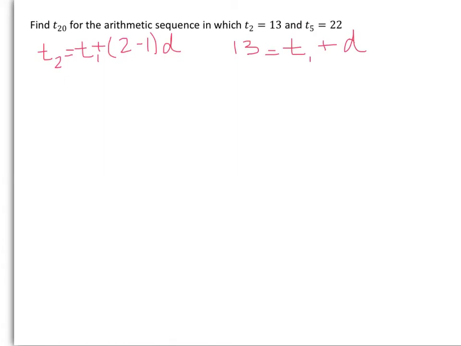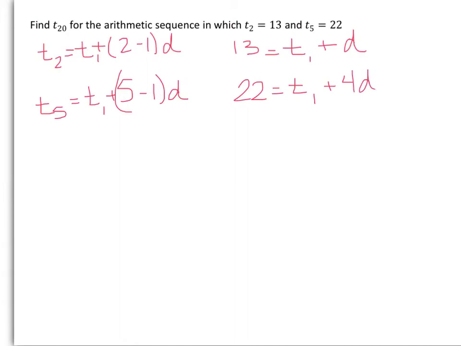And I'll do the same thing with T sub 5. And T sub 5 is 22. And now I have a system of equations in T sub 1 and d. How you choose to solve this is up to you.